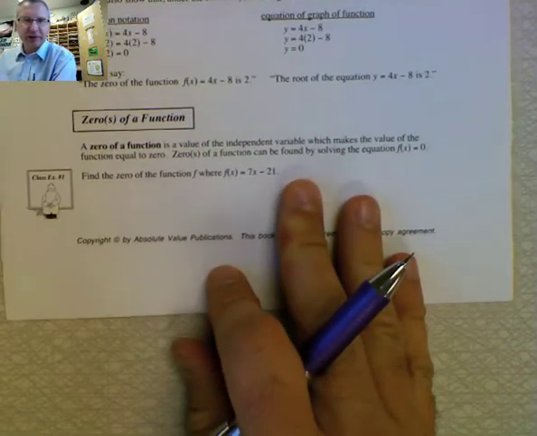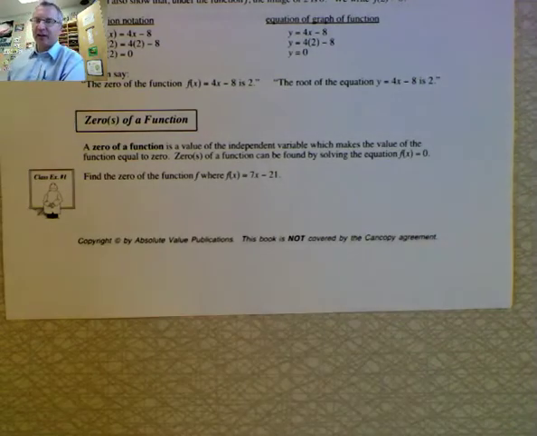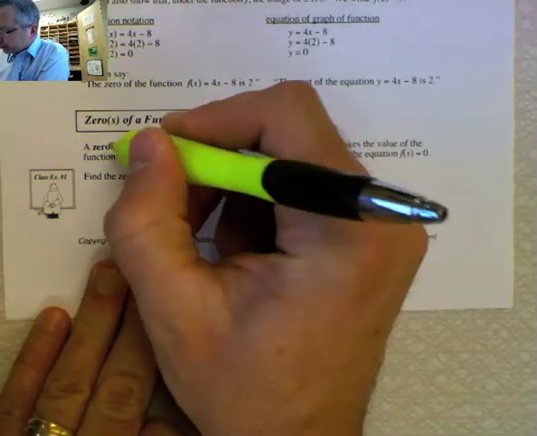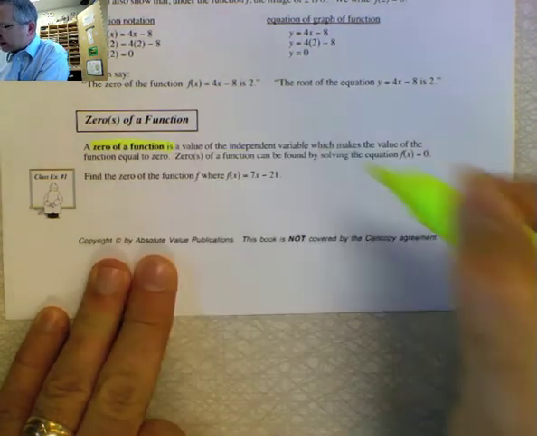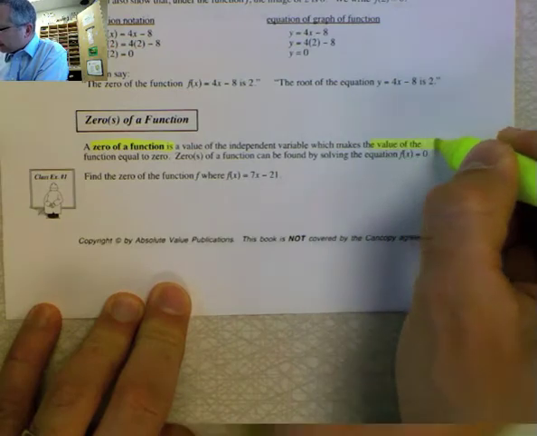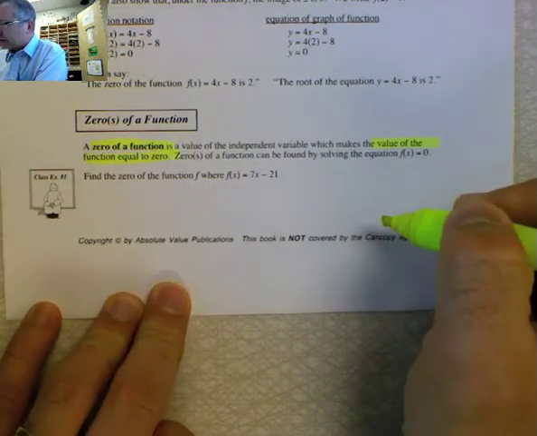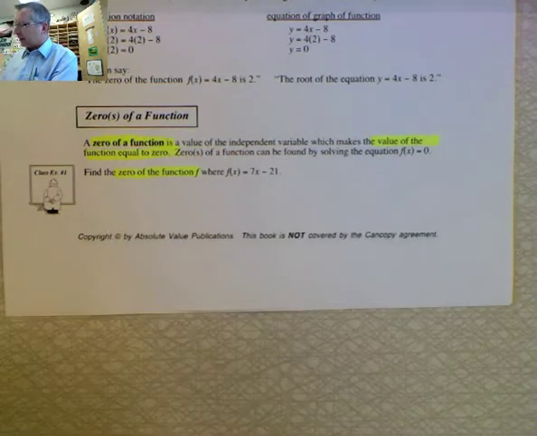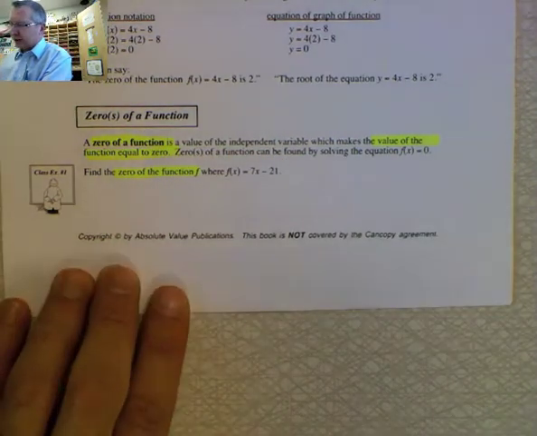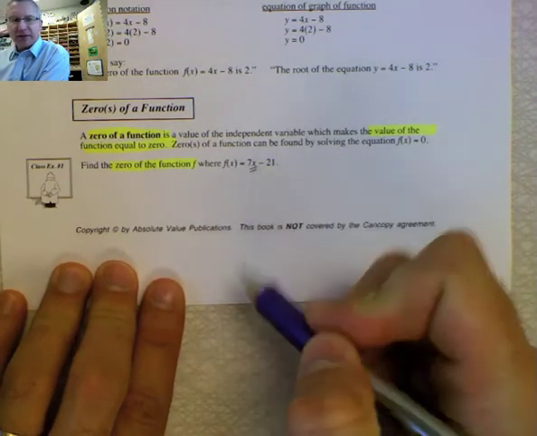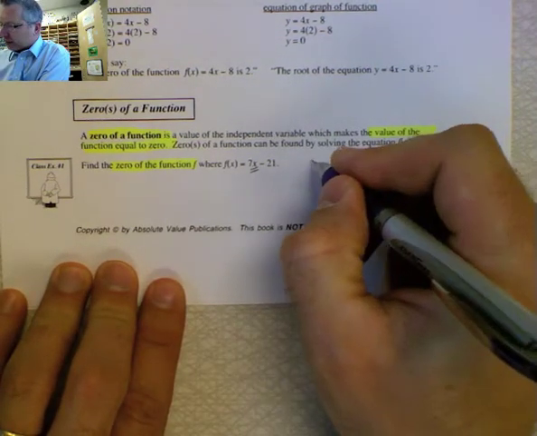All right, so now we need to talk about something called the zeros of the function. Basically, the zero of the function is the value that makes the function equal to 0. So in this first question, when it says find the zero of the function, we're trying to find what value of x makes this function equal 0.